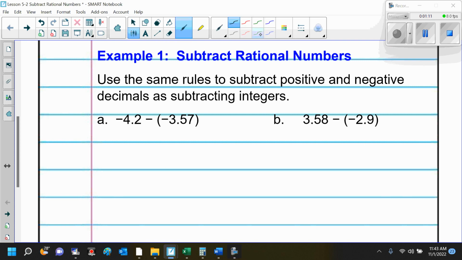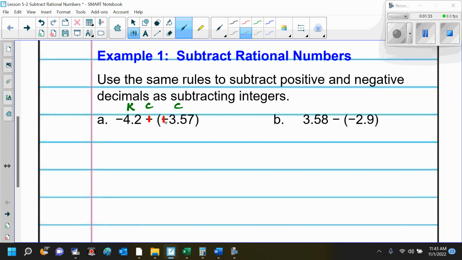So with subtraction, we're going to add the opposite, or we're going to keep, change, change. Okay? So that negative 4.2 stays the same. The subtraction becomes addition, and the negative 3.57 becomes a positive 3.57.